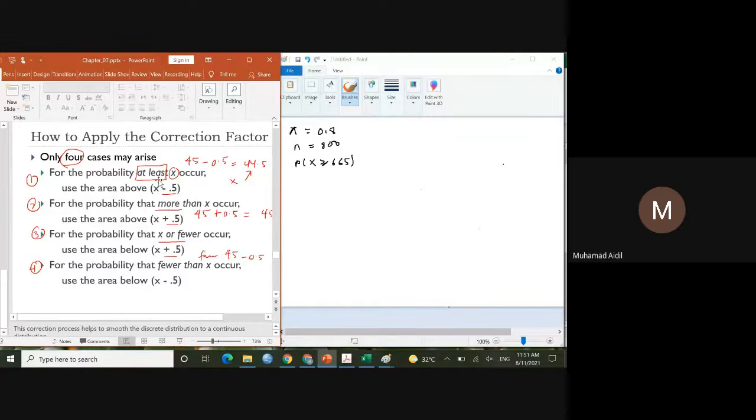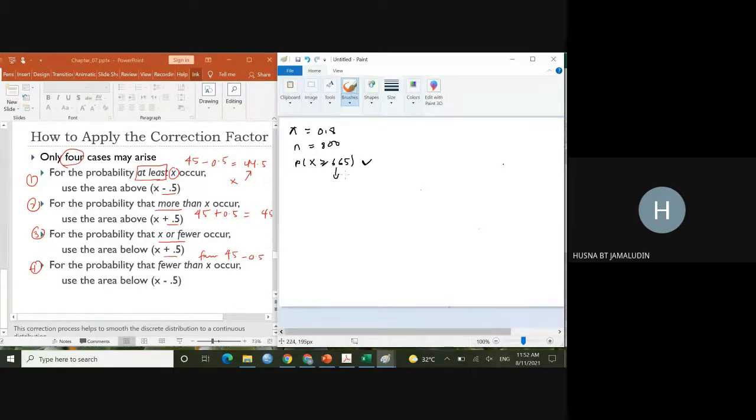Number one. If you look at the equation that I wrote here, X equals 665 or more means that at least X occurs, at least your X is 665 and more. So number one. So for your X here, you have to take X minus 0.5.